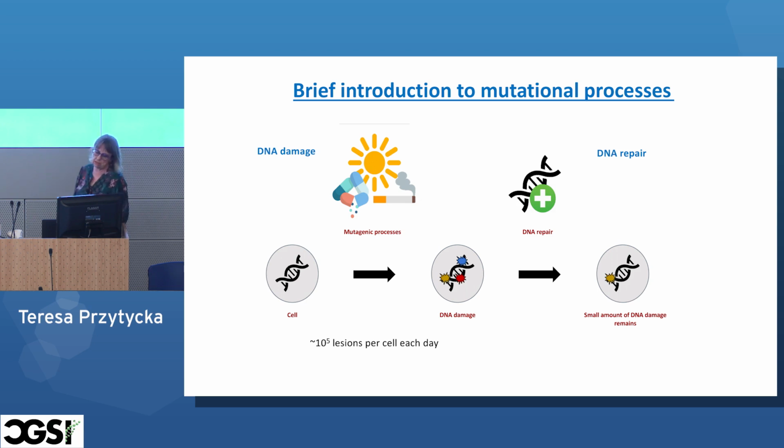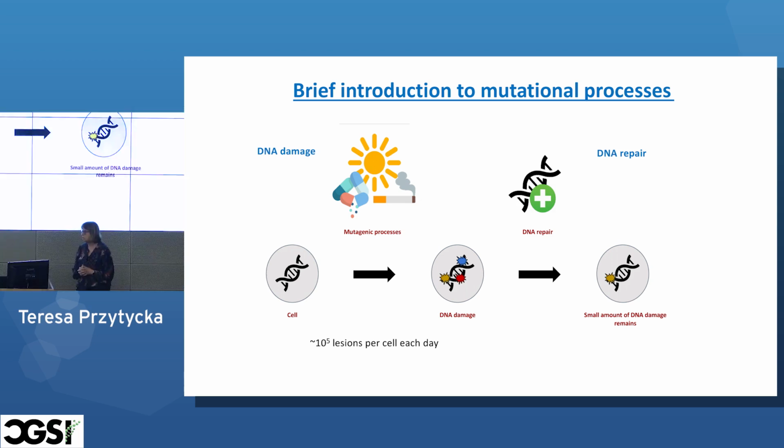Fortunately, cells also develop very robust, very redundant DNA repair mechanisms, and most of those DNA lesions are very efficiently repaired, and only a small fraction may remain unrepaired and then turn into mutations.